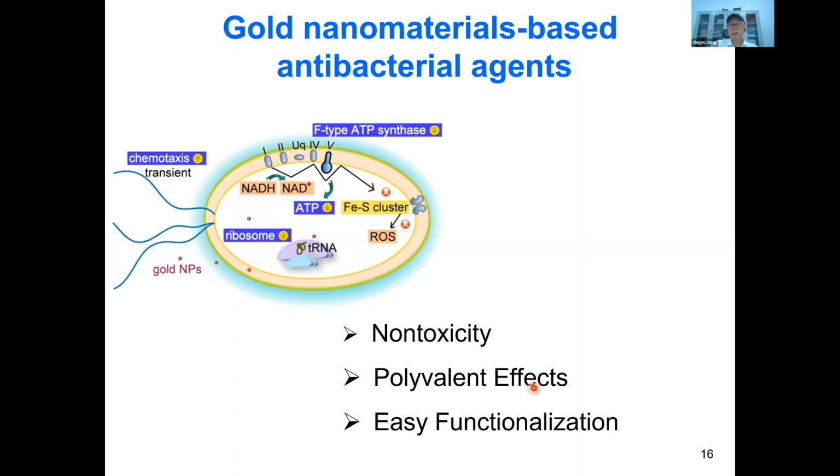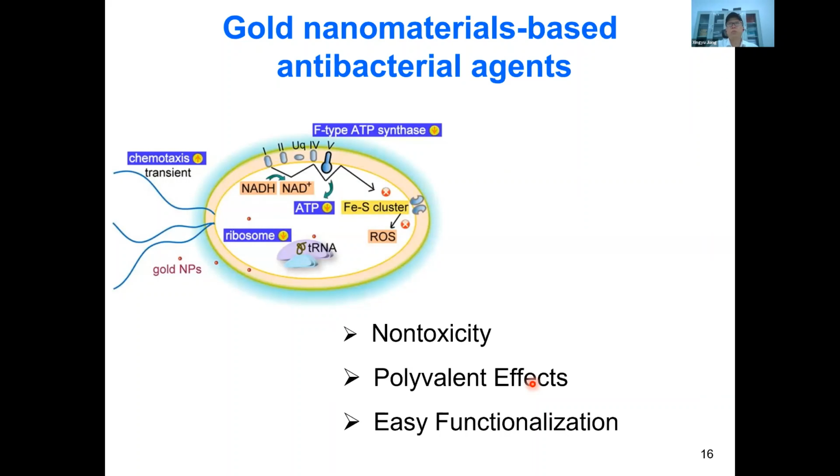We think polyvalency effect may be in play here. Some of these particles, for example, the phenylboronic acid, may bind to the surface of the bacteria in fairly low concentrations by themselves, because phenylboronic acids are known to bind to sugars on surfaces of cells, including the ones on bacteria.